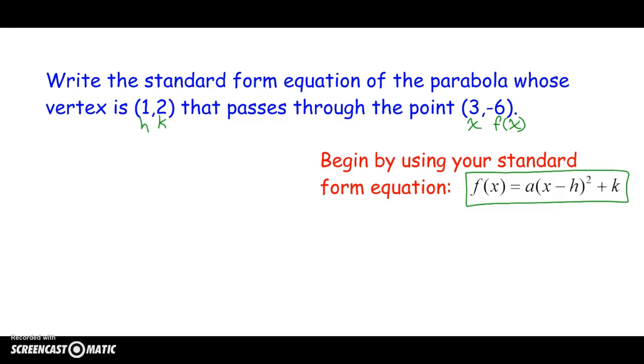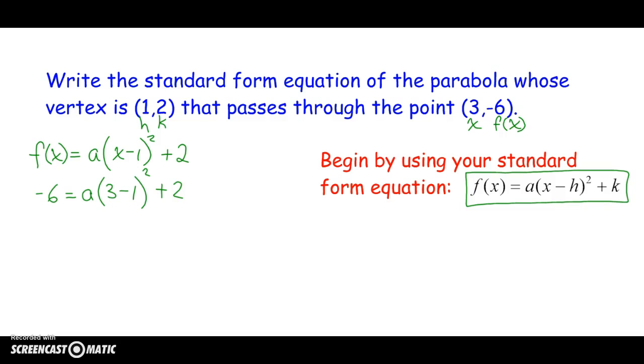If I substitute in the vertex first, I have f of x equals a parentheses x minus 1 squared plus 2. And because I also have x comma f of x, I could substitute in a few numbers. Negative 6 equals a parentheses 3 minus 1 squared plus 2.